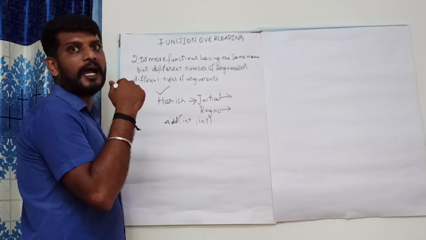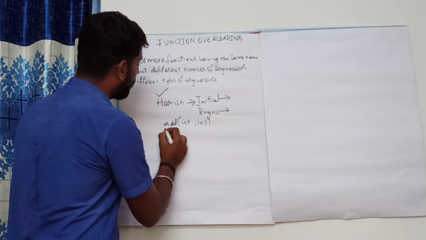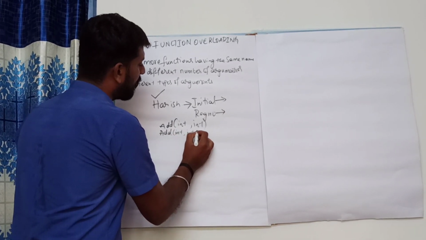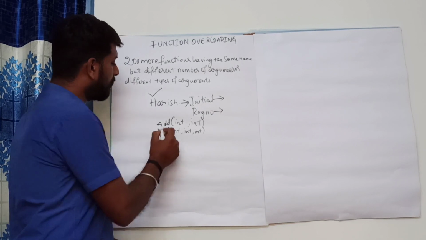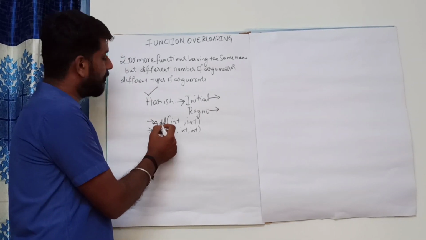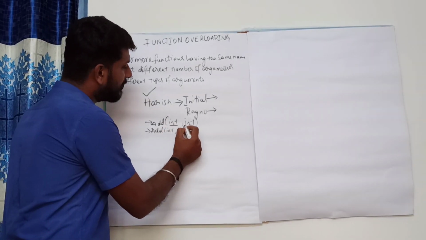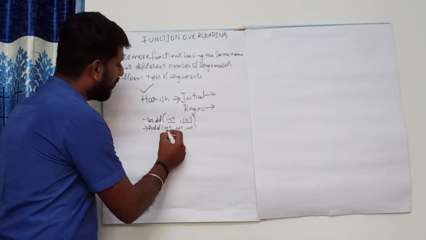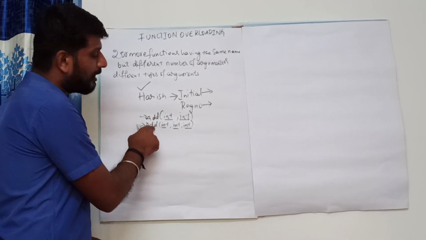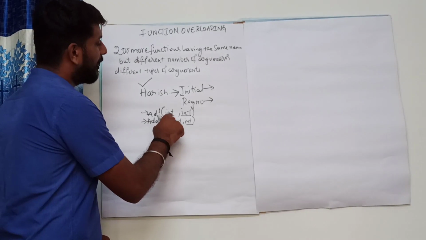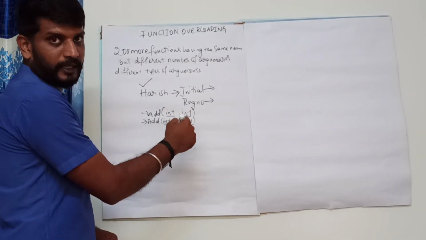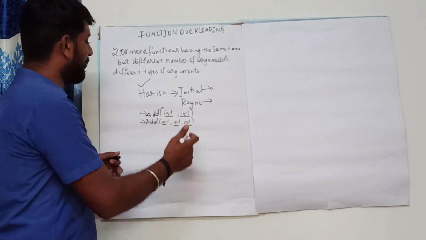If you want to add 3 numbers, we will be passing 3 different arguments. Now there are 2 different functions having the same name, both named add, but in one case there are 2 arguments, in another case there are 3 arguments. That is 2 or more functions having the same name but different number of arguments is called function overloading.